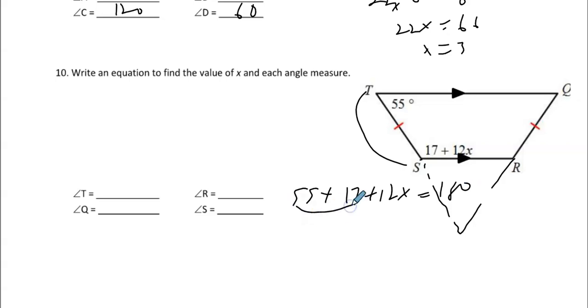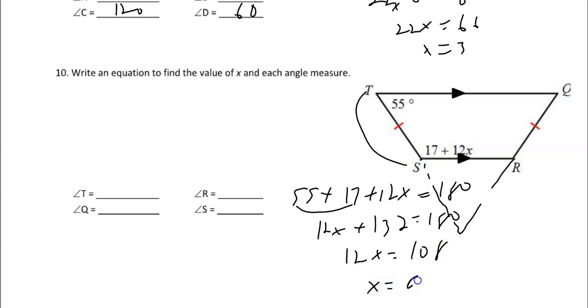So I'm going to combine like terms. 12x plus 132 equals 180. Subtract 132, I get 12x equals 108. So x equals 9.